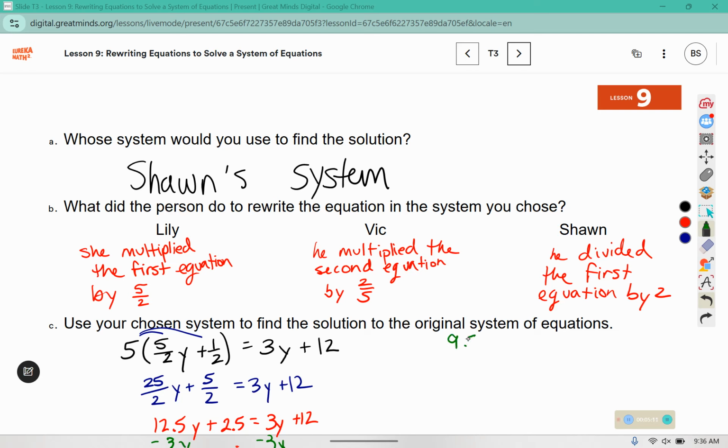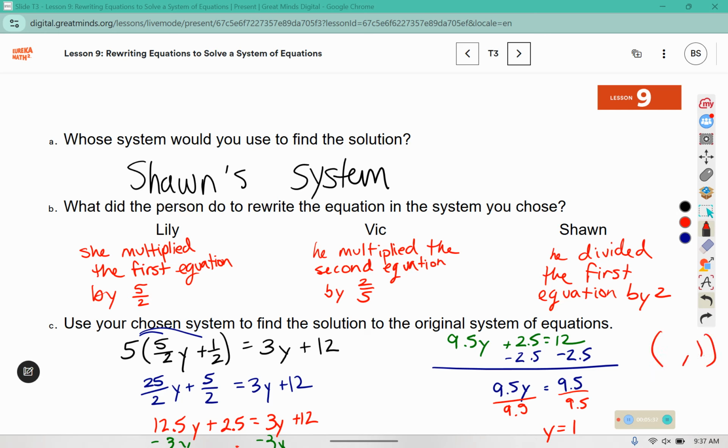So that gives me 9.5y plus 2.5 equals 12. If I move the 2.5 over, I have 9.5y equals 9.5. And that gives me y equals 1.